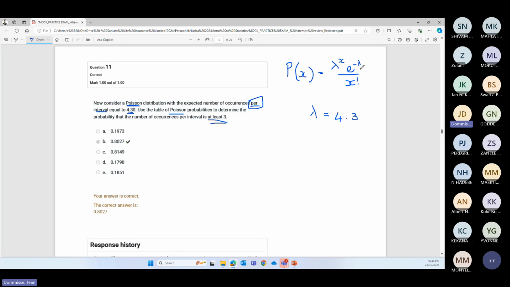So now you can't use that formula because you would have needed to do it for if it's at least 3, so that means 3 or more. So we're not going to do that for 3 or more. So that's where we will use the table. So let's quickly see if I can get to that table.